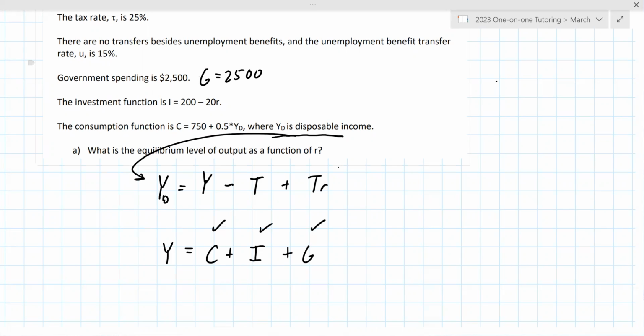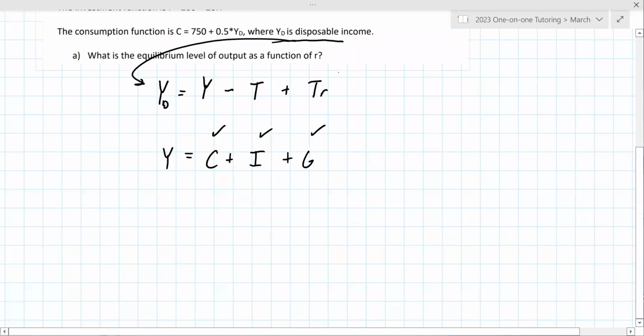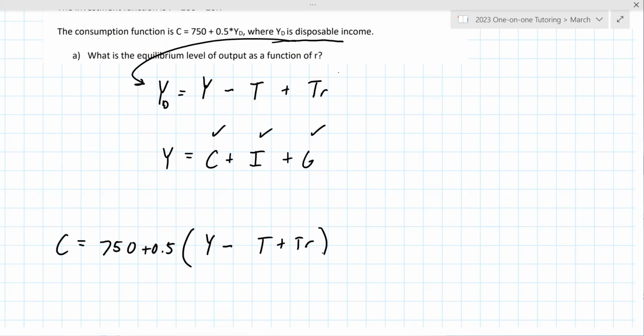Maybe they mean different things here, not sure, but let's go with C. So to start with, C is 750 plus 0.5 times YD, which is Y minus T plus TR. So we're substituting that in.